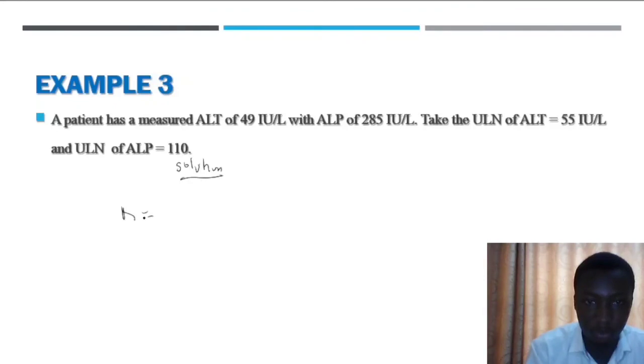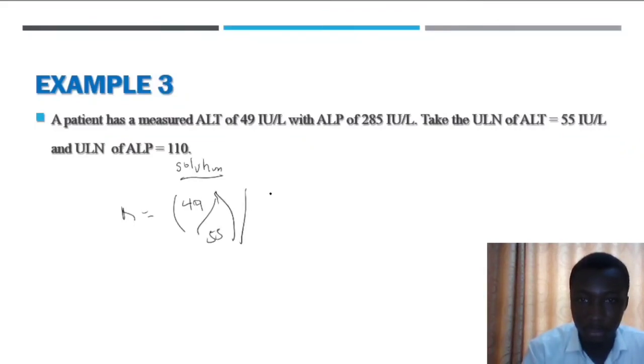The R value will be equal to 49 divided by 55, or divided by 285 over 110. That will give us an R value of 0.34. This R value is less than 2, and so it tells us the patient has a cholestatic injury.